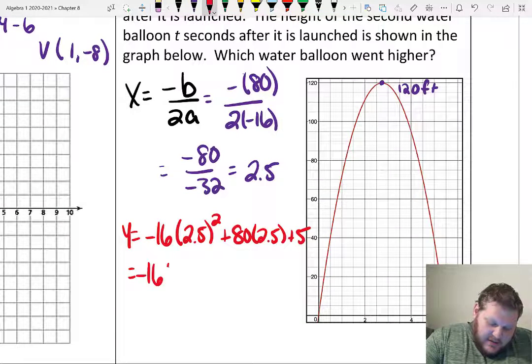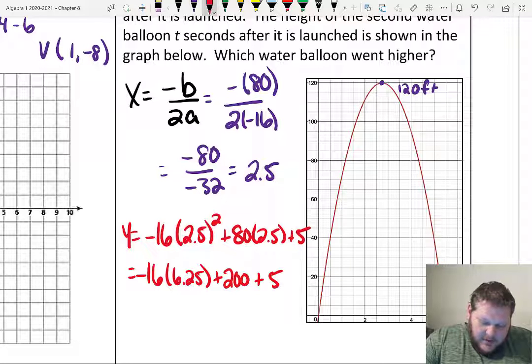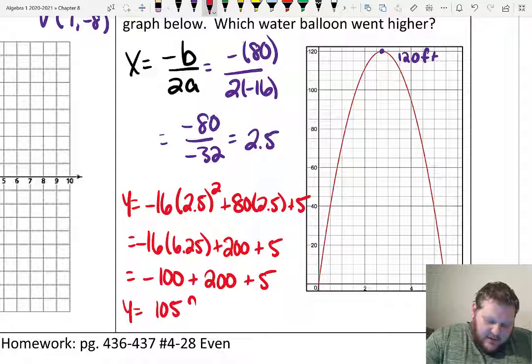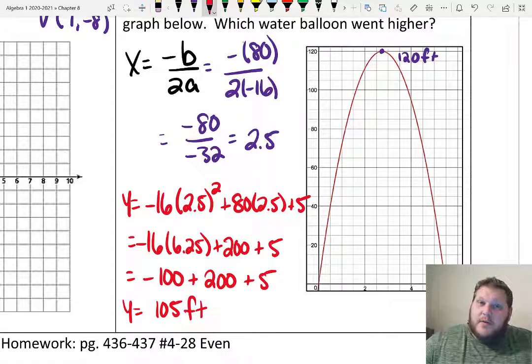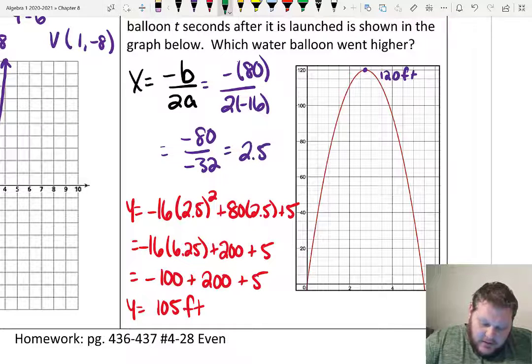So negative 16 times 6.25 plus 80 times 2.5 is 200 plus 5. Negative 16 times 6.25 gives us negative 100 plus 200 plus 5. So we get a maximum height of 105 feet. Because negative 100 plus 200 is 100, plus 5 is 105.